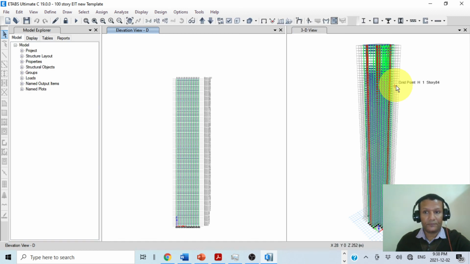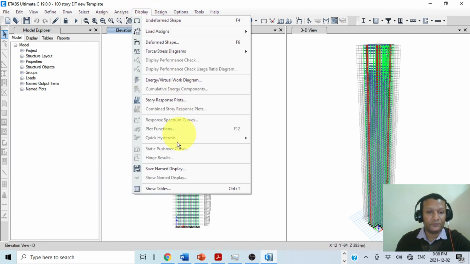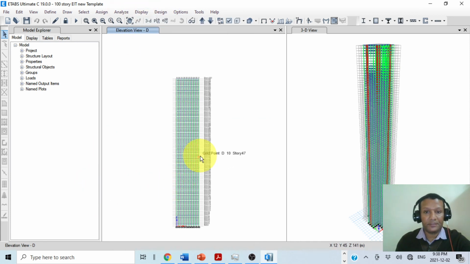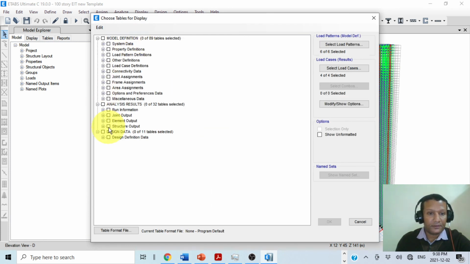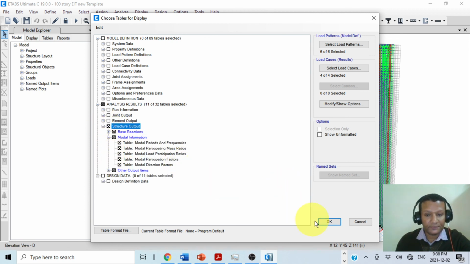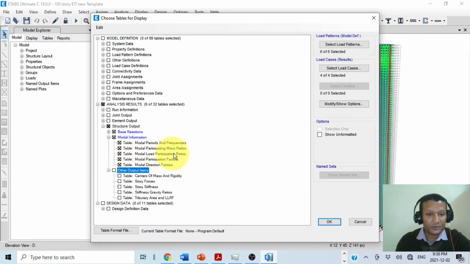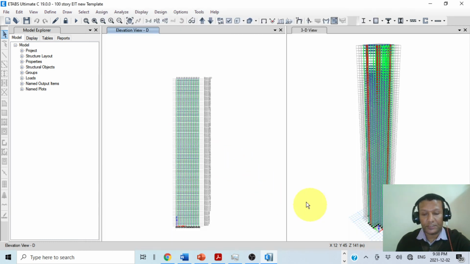Now what I want to show you: display table, this one, structural output. I want to show you modal information. No need for these other outputs, center of mass and other things, we don't need them, and base reaction also we don't need.